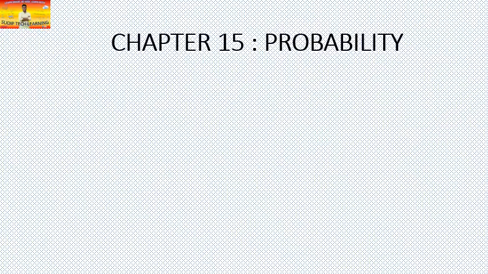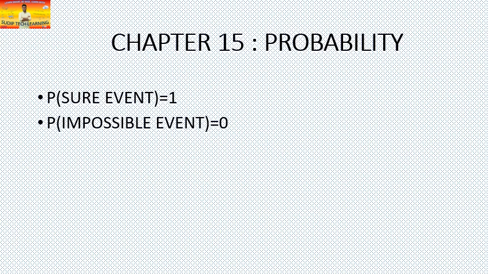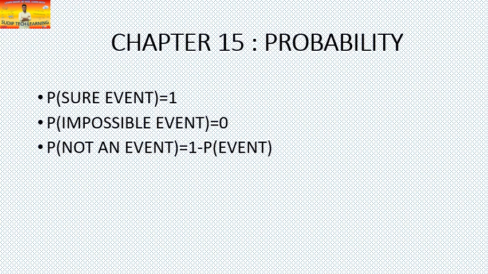Finally, reaching chapter 15 and the last chapter, that is probability. Probability is all about writing things which come to mind on paper. Now, these are things which you have to know. These are facts, they are not changing, and these are coming for 1 mark questions. Okay, probability of a sure event is 1, probability of an impossible event is 0.